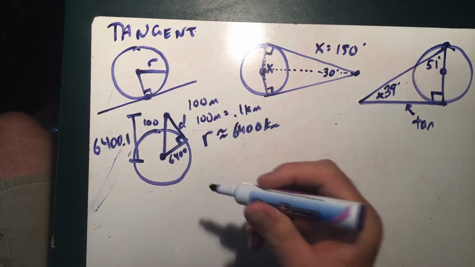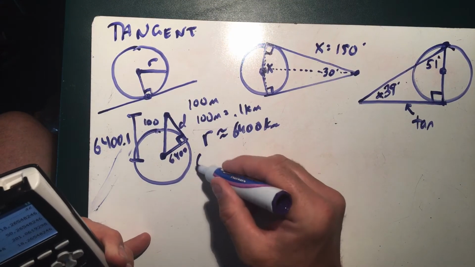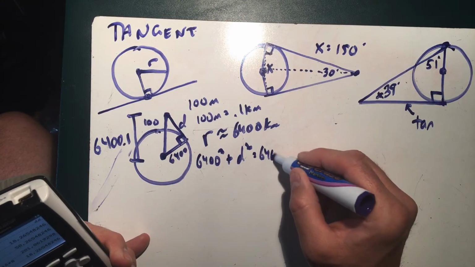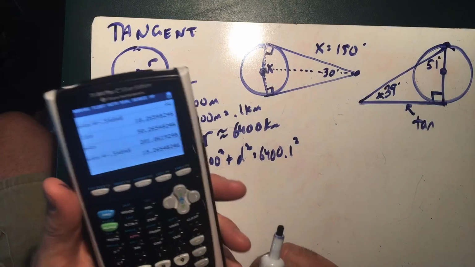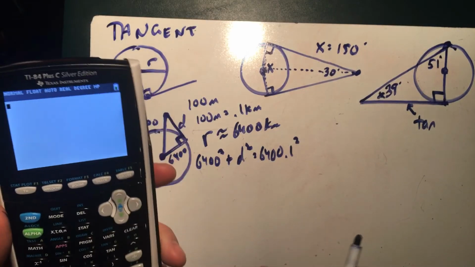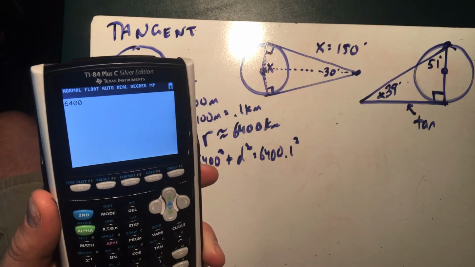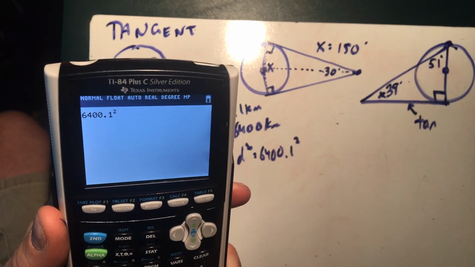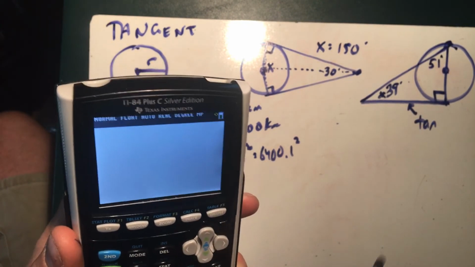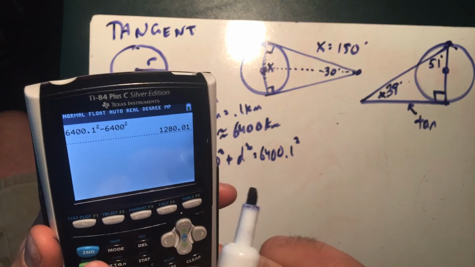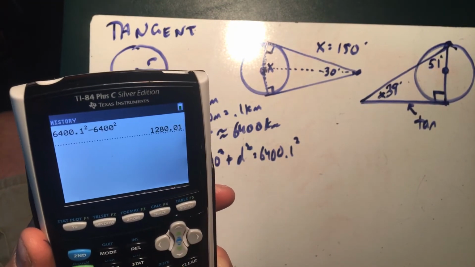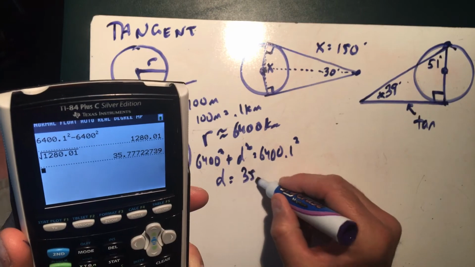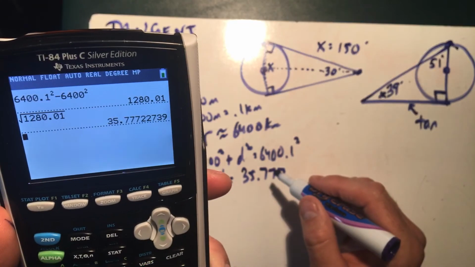Okay, I'll write it out first. So I'm going to go 6,400 squared plus d squared equals 6,400.1 squared. And using my old calculator, I'm going to go 6,400.1 squared minus 6,400 squared, and this is super small, 1280, and I'm going to square root that, of course, because we're using the Pythagorean theorem, and it turns out that d is 35.777 non-repeating decimal.